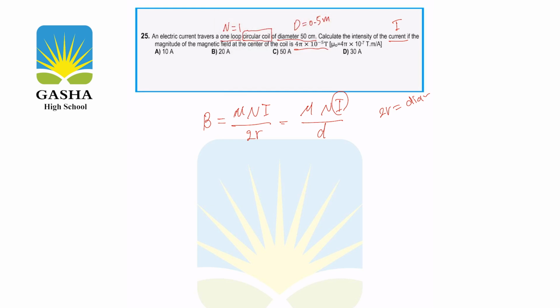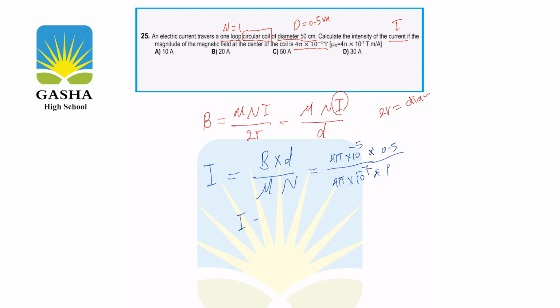So how to find the intensity of current? By using the cross product. So I is B times D divided by mu N. B in the question is 4 pi times 10 to the power negative 5, times D, where D is 0.5, divided by mu, the magnetic permeability, which is 4 pi times 10 to the power negative 7, and N is 1.